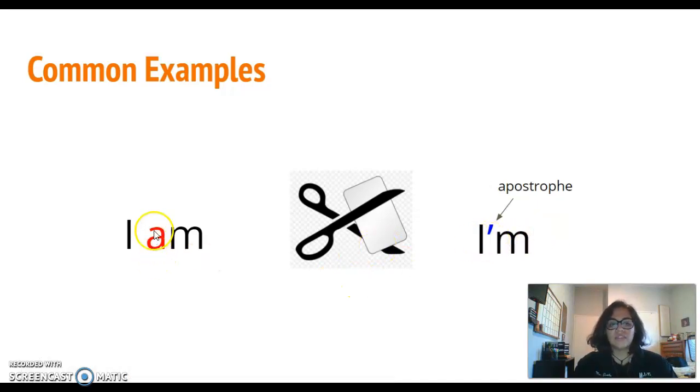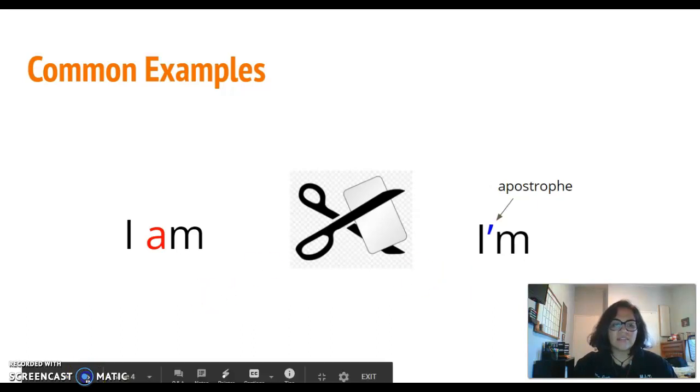And you'll notice that the A is cut out and we use an apostrophe instead. So this is an apostrophe. And this is a contraction. So that's I am, cut, becomes I'm.